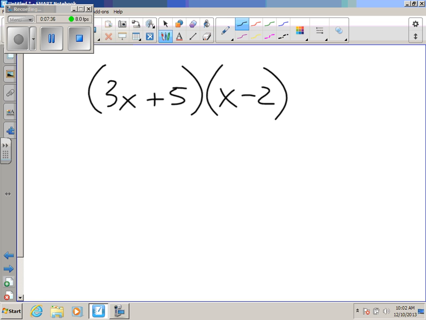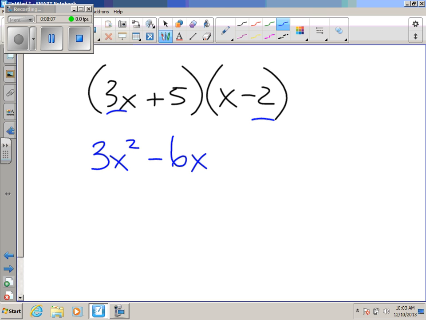Okay? So again, you're still multiplying binomials. But again, you just have to be a little bit more careful. You're paying attention to what's going on. 3x times x is now what, Marlia? 3x squared. Your outer, a 3x and a negative 2, negative 6x.